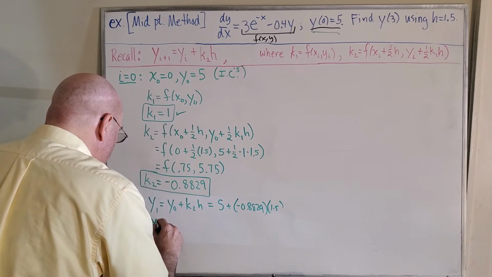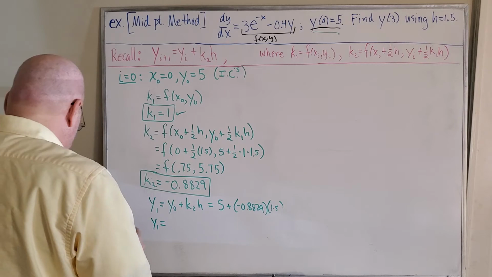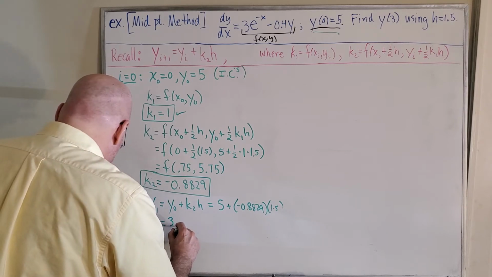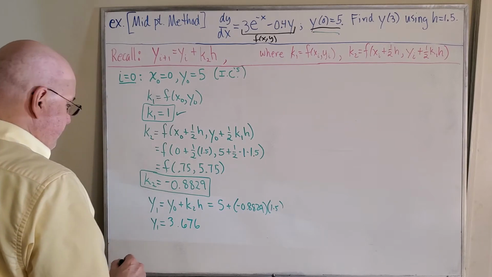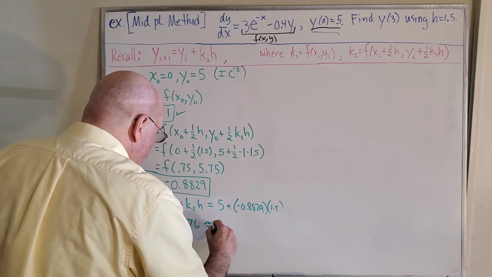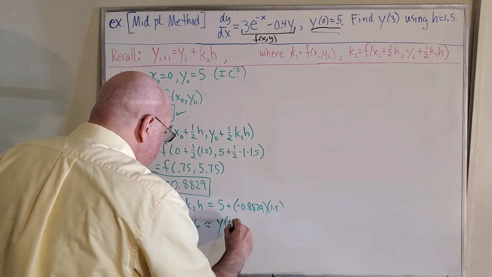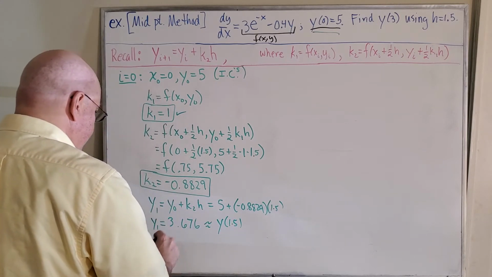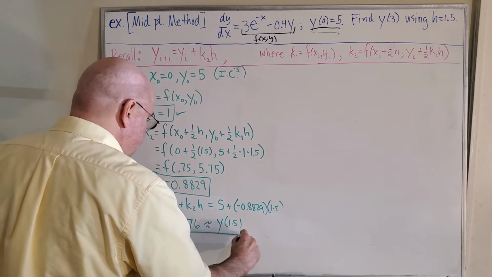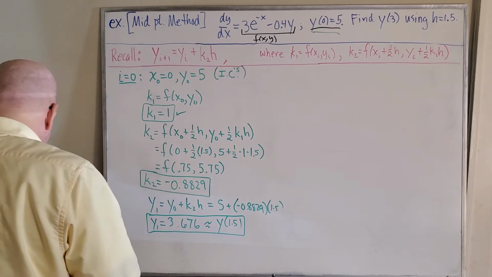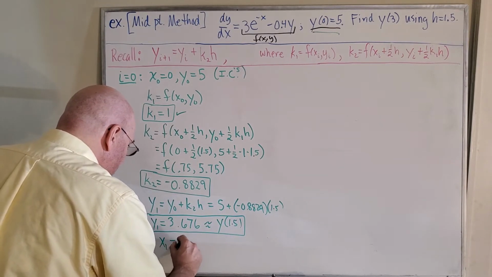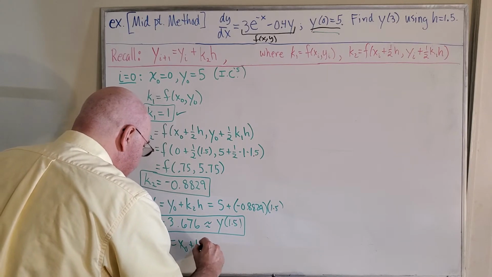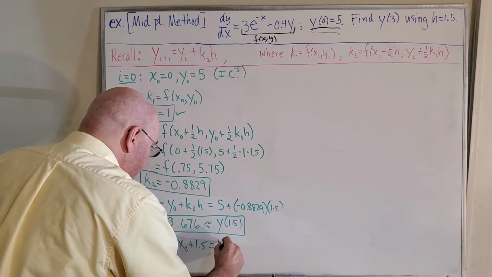And that means that y1 is equal to 3.676. And that's our estimate for y at 1.5. And I'll go ahead and write it down, even though we know this: x1 is x0 plus 1.5, which is just 1.5.